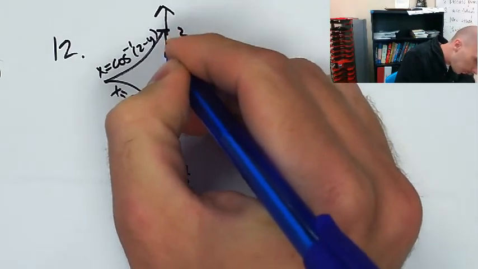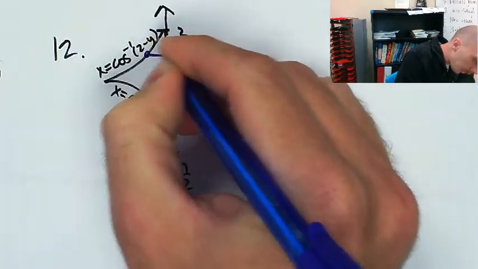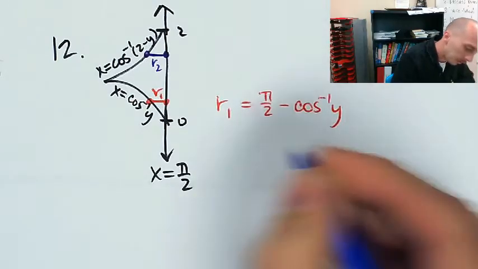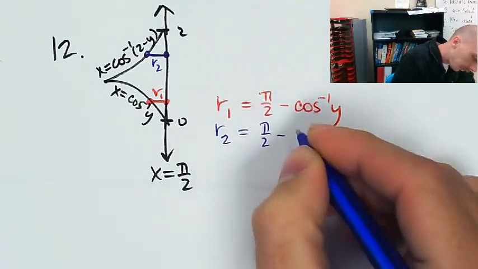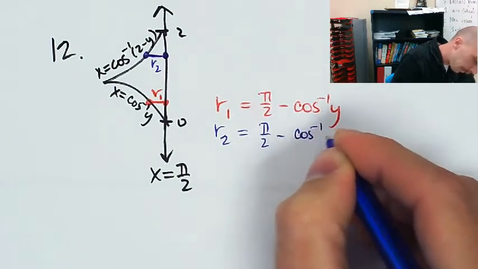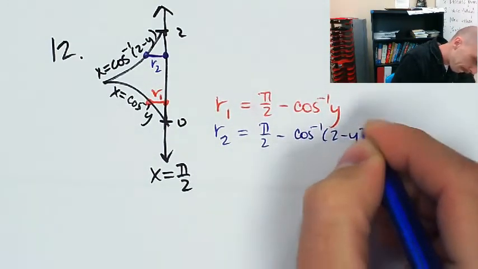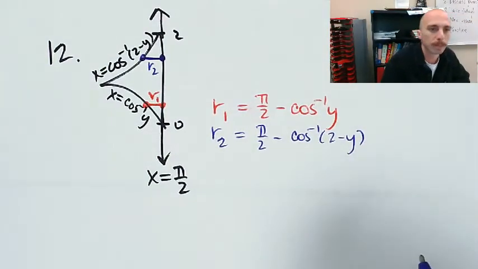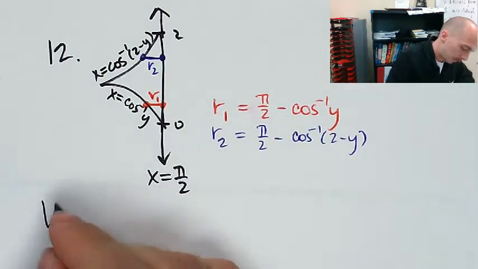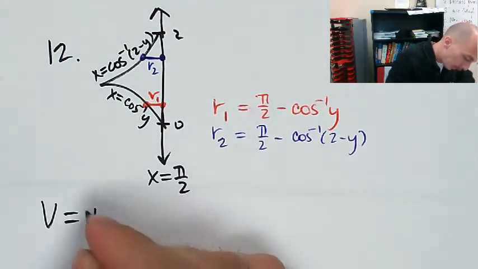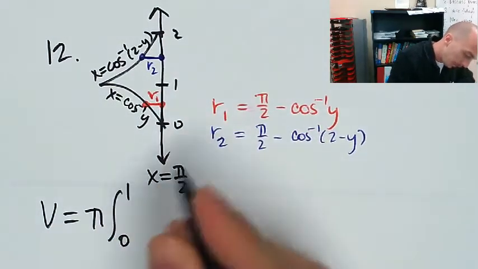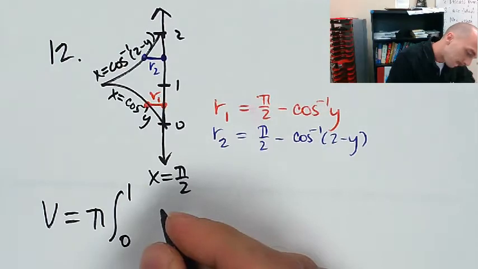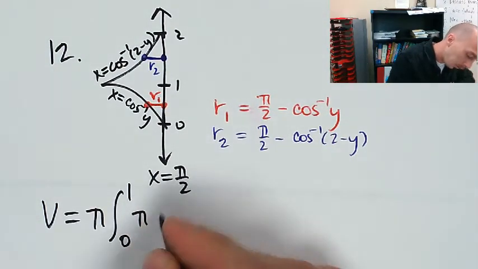And then we're going to go over here and have a second radius, and it'd be right minus left. Okay, and I can write my volume. It's going to be the sum of two integrals. Pi times the integral from y equals 0 up to y equals 1 of pi times radius 1 squared.